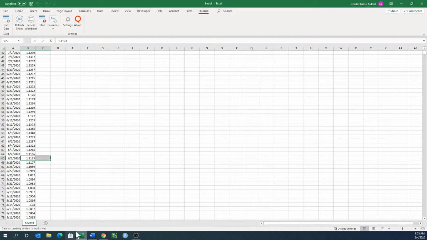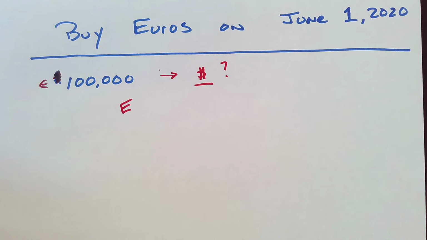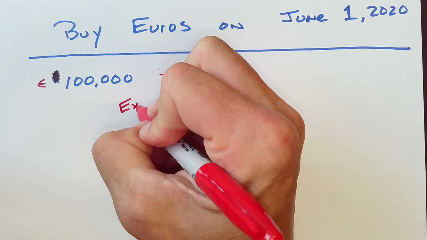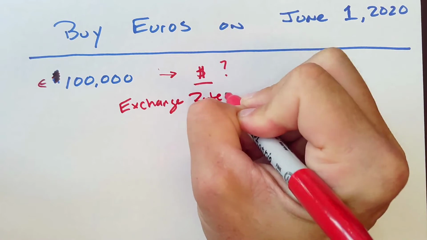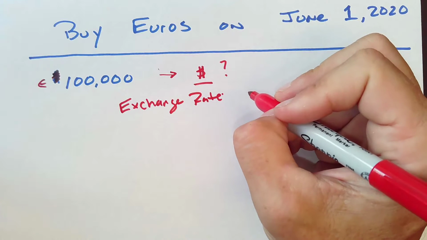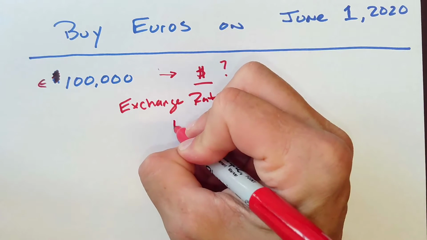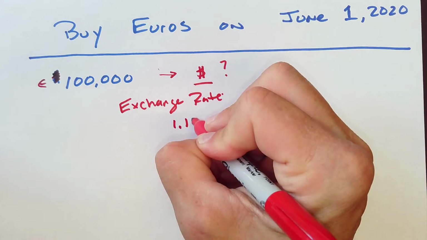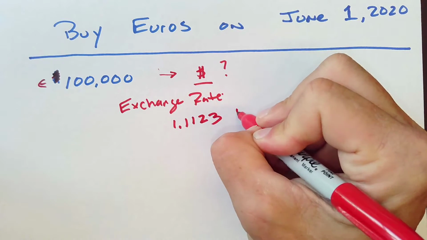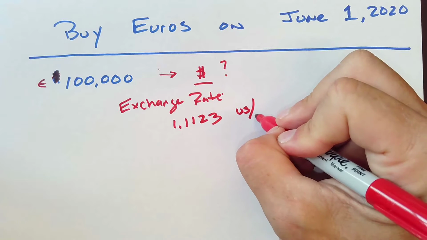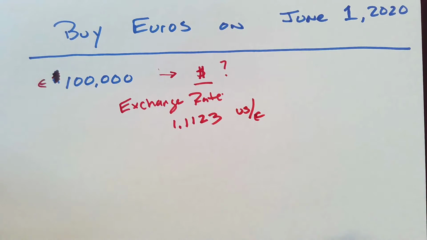So the exchange rate is 1.1123 US dollars per euro.